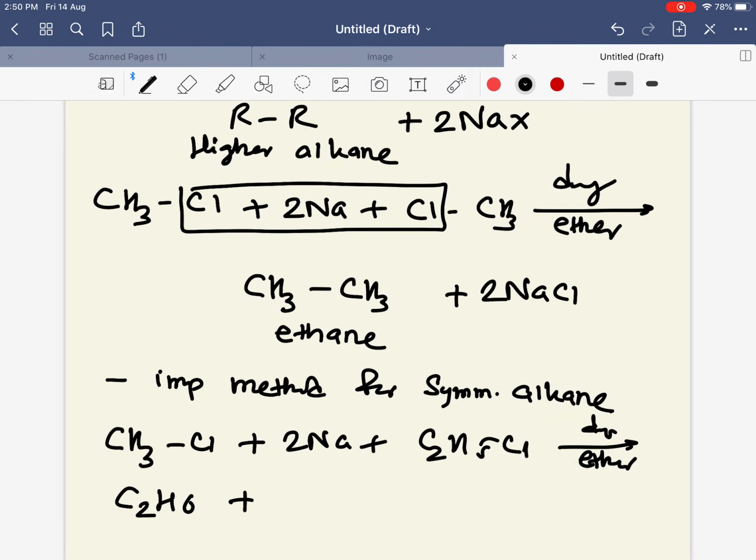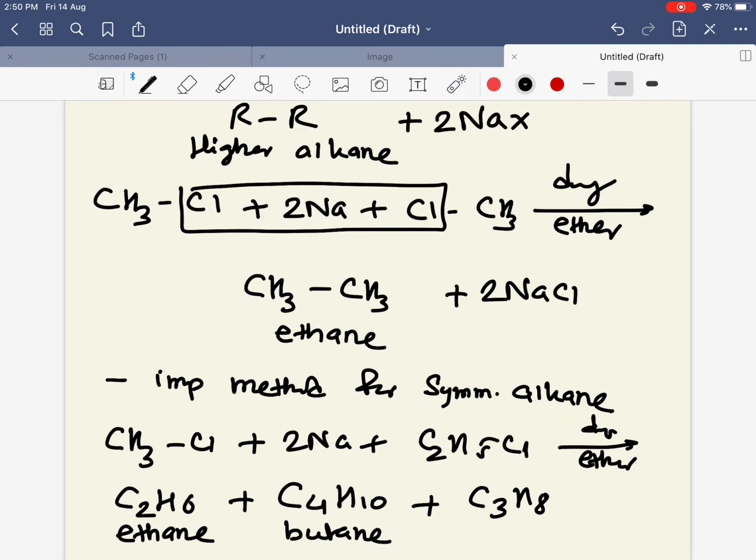Ethyl chloride reacted with ethyl chloride will give butane, that is C4H10, and methyl chloride reacted with ethyl chloride will give propane, C3H8.